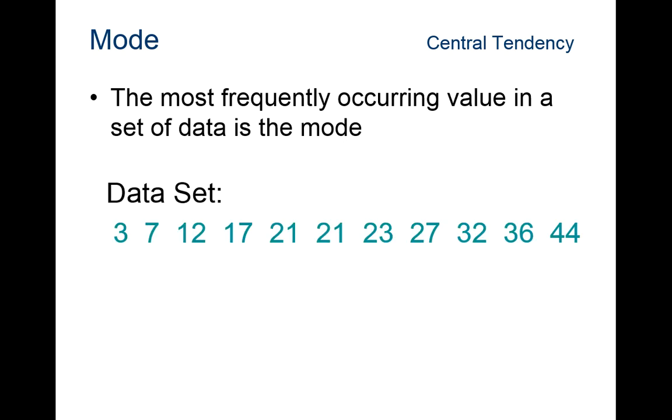It's important to note that one number occurs more often than the others. 21, there are two occurrences of 21. Every other data value has only one occurrence. Therefore, 21 is the mode.